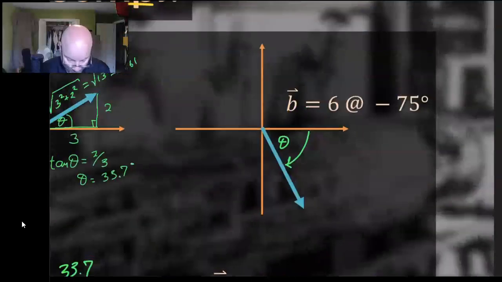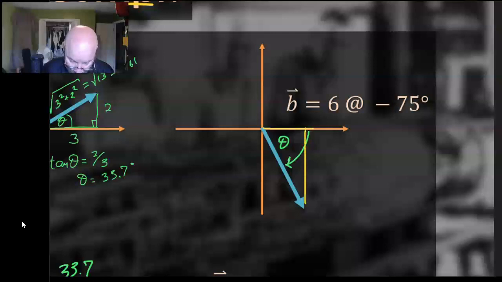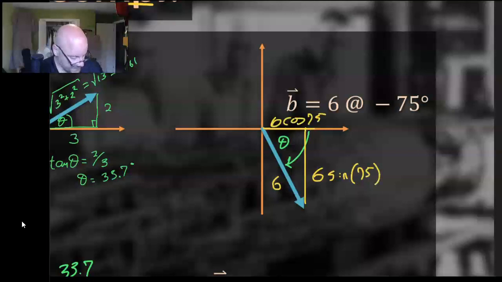If we need to know that information, we think about it the same way as before, like a triangle here, except we know this side is 6. What we don't know is the horizontal side or the vertical side, but we know that this vertical side is 6 times the sine of 75 degrees, and this one is 6 times the cosine of 75 degrees.